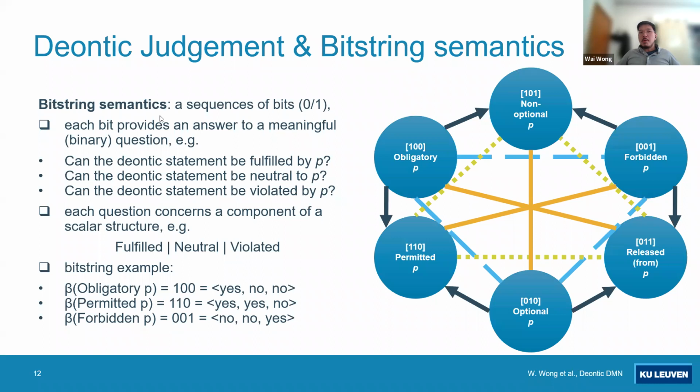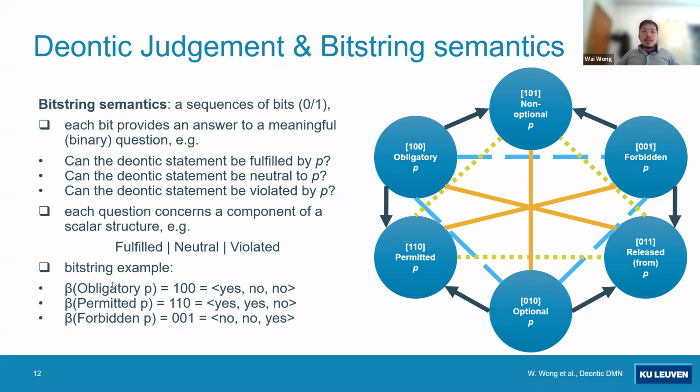At a high level, it's just a sequence of bits, 0 and 1, and each bit provides an answer to a meaningful binary question. So we can represent the obligatory with 3 bits because we have 3 meaningful questions.